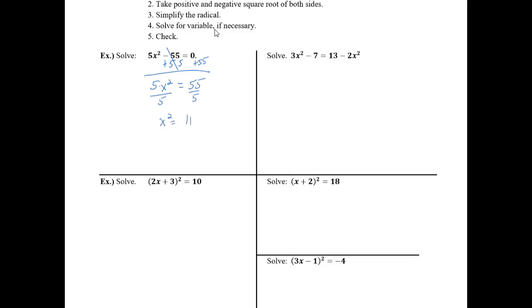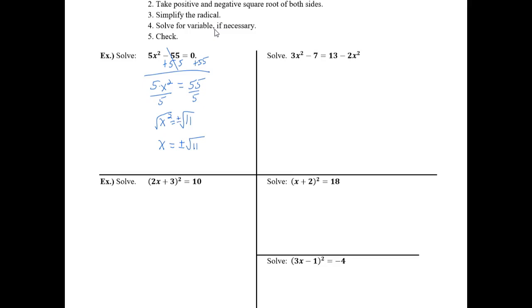Then from there, once the squared term is isolated, I can use that square root property, meaning take the square root of both sides of my equation, and the square root of x squared is x, equals positive or negative square root of 11. Sometimes I'll write it here so I don't forget it.